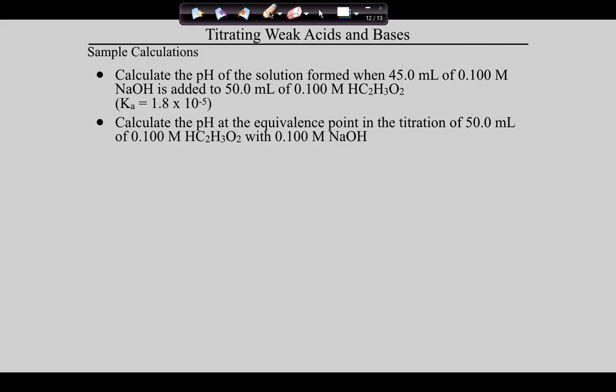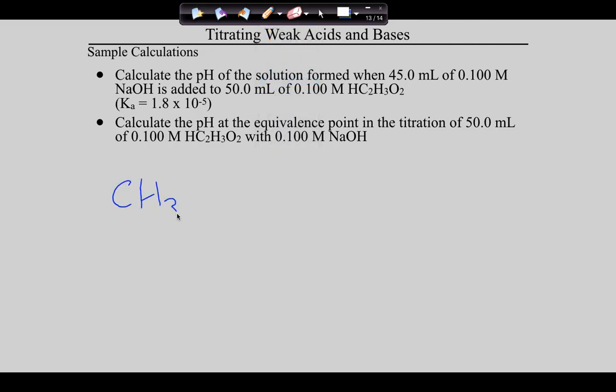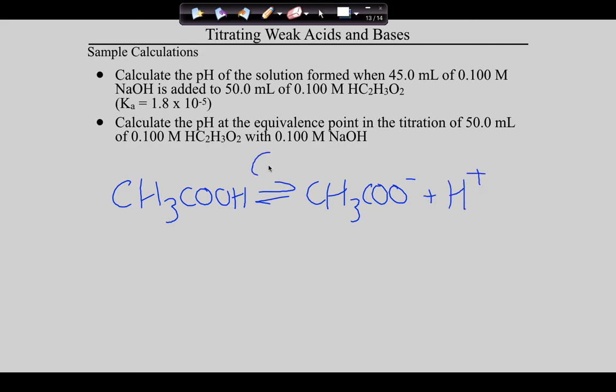We've got our acetic acid, and we know that that's breaking apart into acetate ion and hydrogen, and we're adding OH.